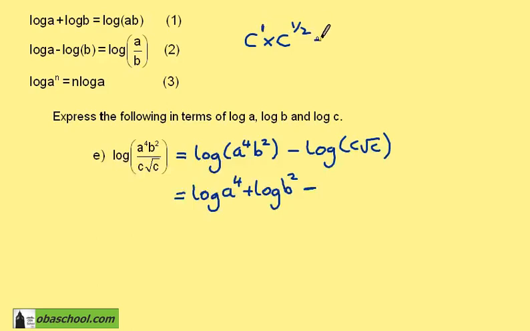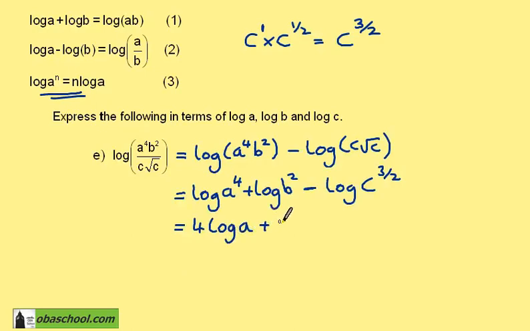C to the 1 times c to the half is c to the 3 over 2, adding the indices. We can then use law number 3 to bring down the powers, giving us 4 log a plus 2 log b, take away 3 over 2 log c.